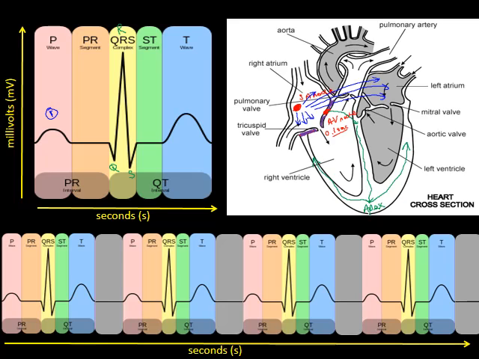But we know as the ventricle is starting to contract, the atria have actually already started to relax and gone into diastole. So that's the reason you can't actually see atrial repolarization, because it's masked by this QRS complex, which is a big spike in voltage across the ventricle walls.